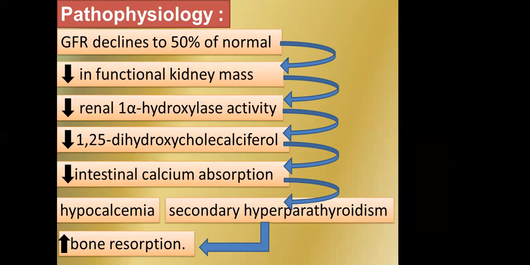Hypocalcemia increases parathyroid hormone activation, resulting in secondary hyperparathyroidism, and the hyperparathyroidism results in increased bone resorption in order to release calcium from the bone to the circulation to compensate for the hypocalcemia.